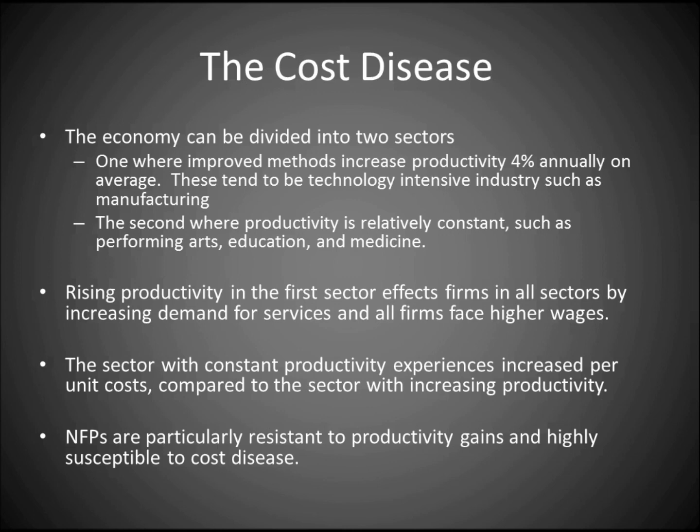What he showed was that rising productivity in the first sector affects all firms, regardless of what sector they're in, because it increases the demand for services, and then all firms face higher wages. This is a real problem for the sector with constant productivity because they're getting the same level of output, right? But they're getting increased per unit costs. And so it becomes more and more expensive to produce the same amount of output.